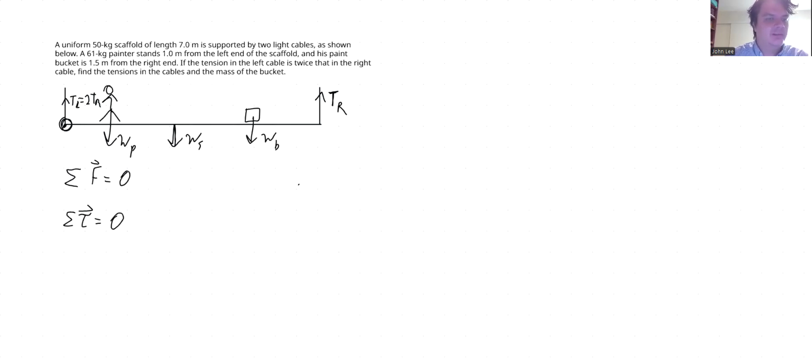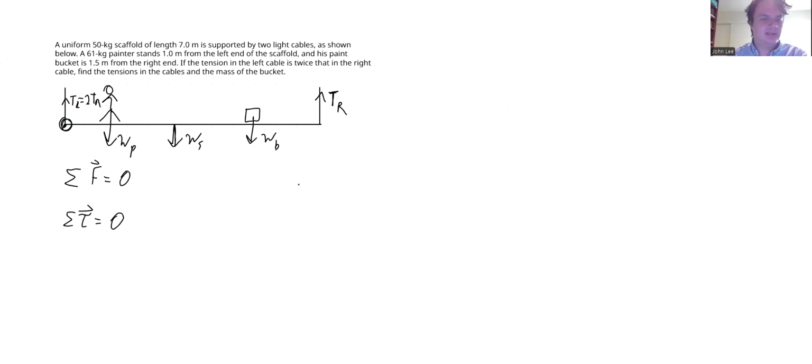And then the relationship between TL and TR is that TL is 2TR. Therefore, you're going to have all that you need to find both the tensions and the mass of the bucket.